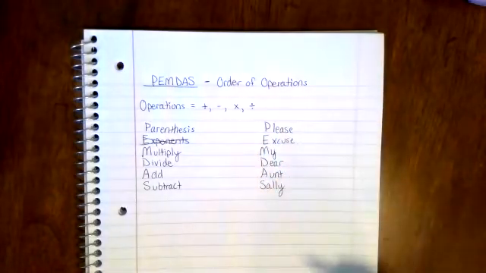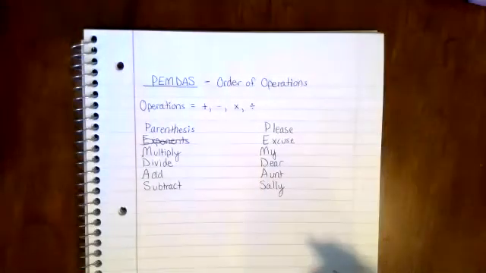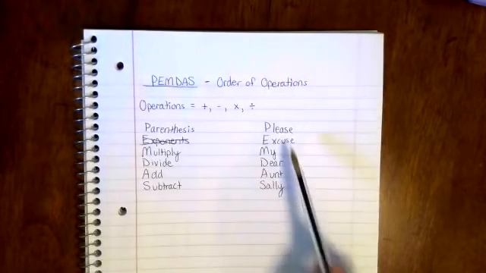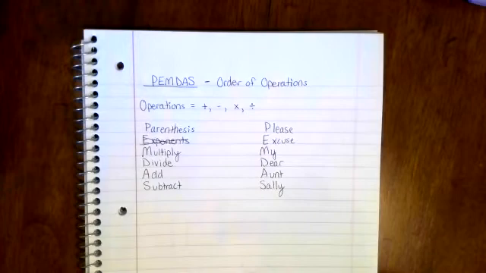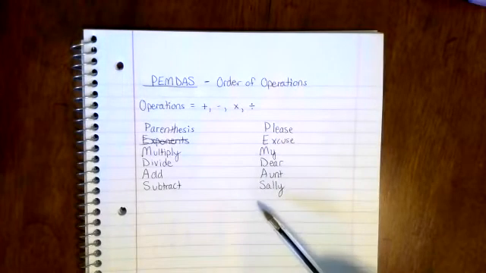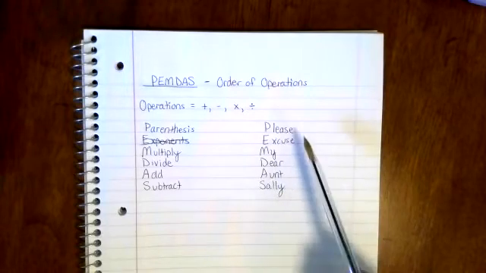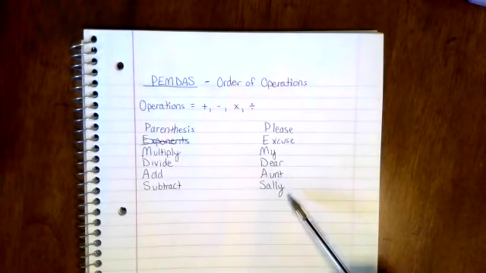Please excuse my dear Aunt Sally. Okay, hopefully none of you have an Aunt Sally. If you do, that's kind of coincidental. And it's just a fun way to remember the order of operations. So PEMDAS is one way that you can remember if you can just remember PEMDAS. Please excuse my dear Aunt Sally is the other way.